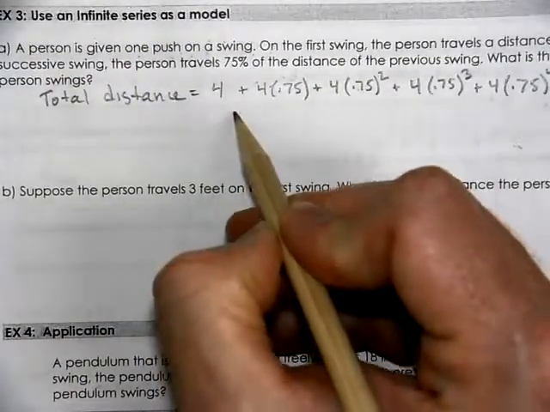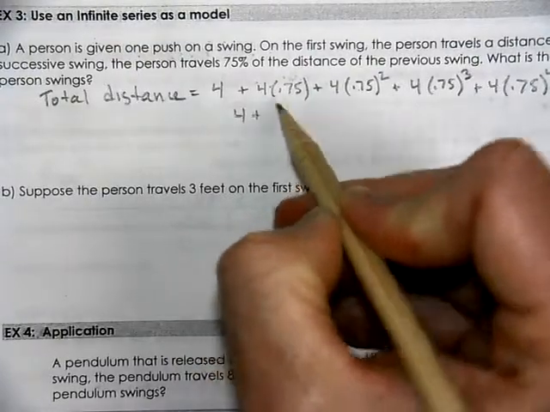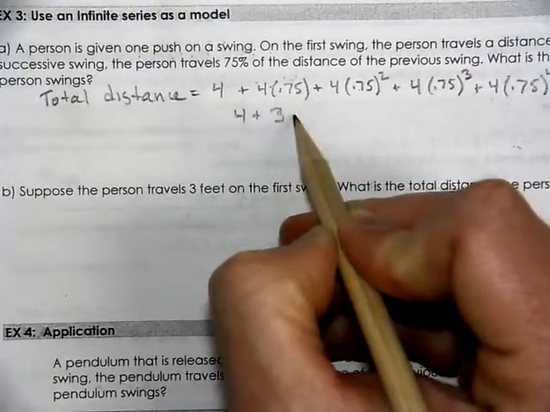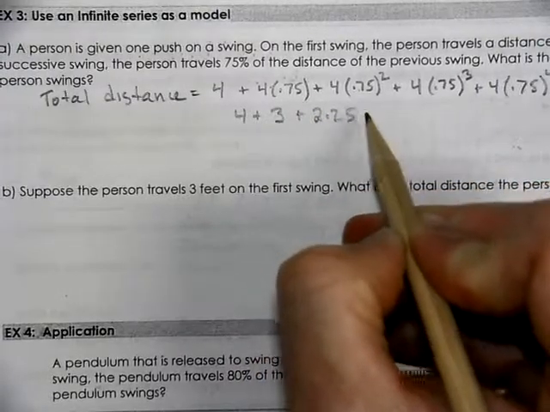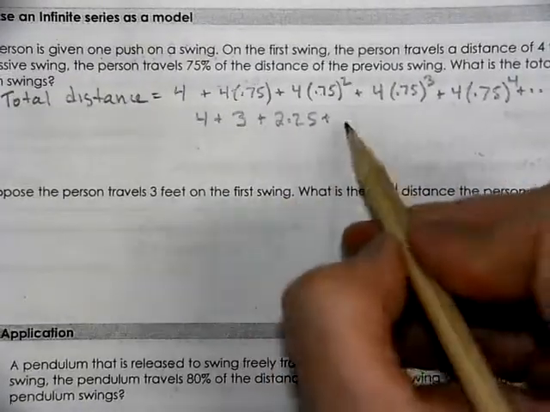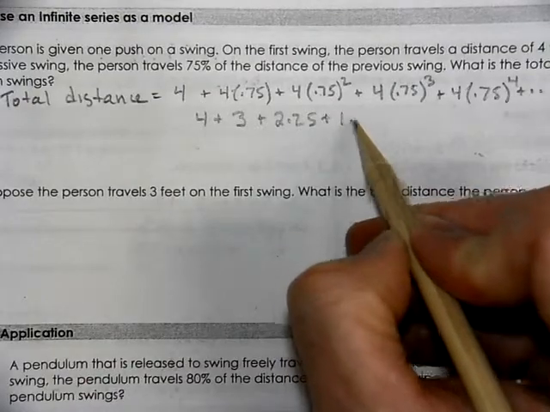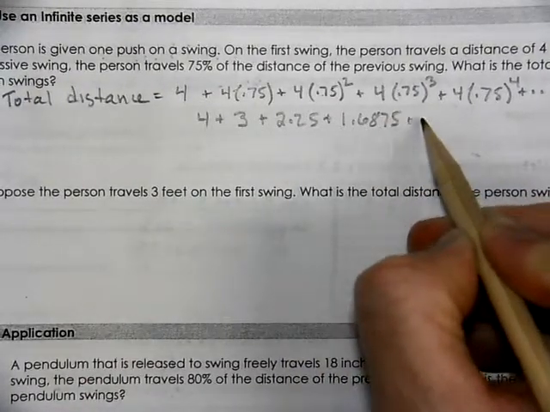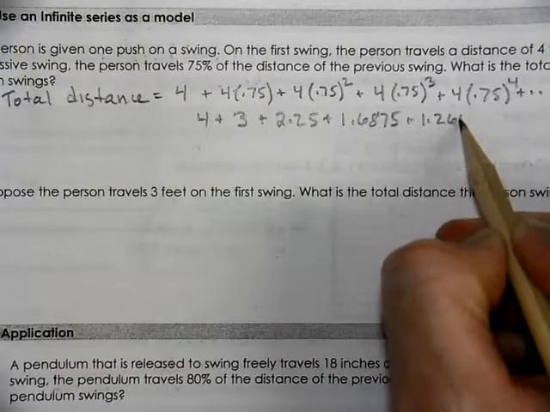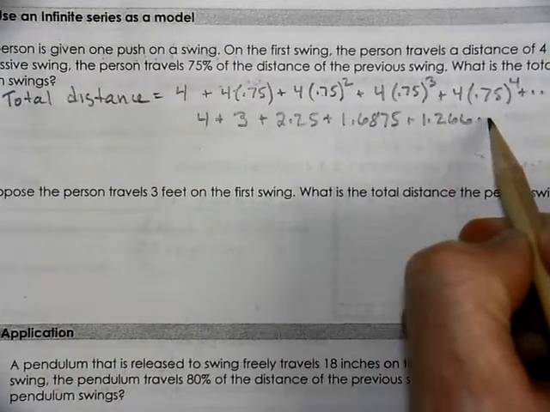So we notice that this number is 4. This number, if you use your calculators, of course 3. This one comes out to 2.25. And a calculator would definitely be needed for the next one. 1.6875. 1.266, and so forth.